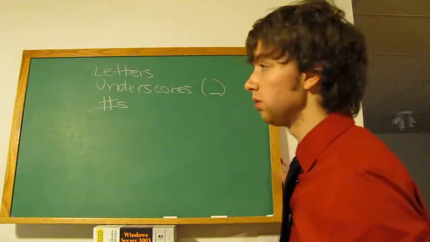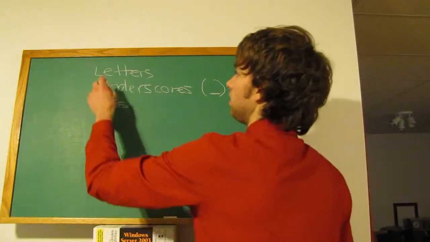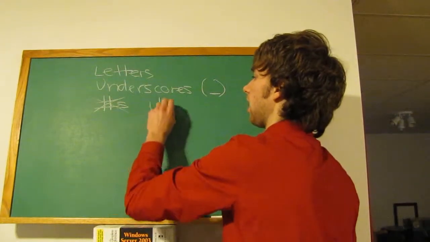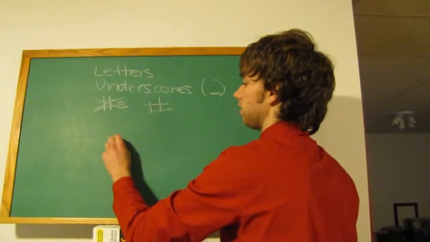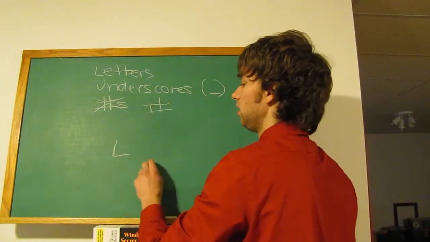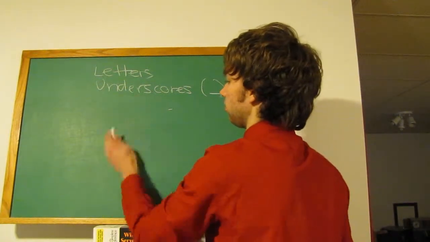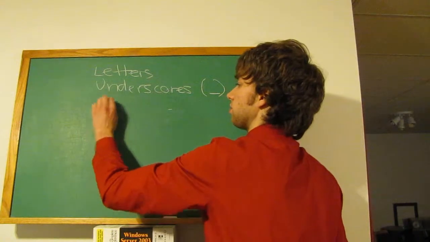The only other rule is, well, there's a couple other rules, but you cannot start with a number. You can only use a number after you started with a letter, for example L, or an underscore. Those are the basic rules.